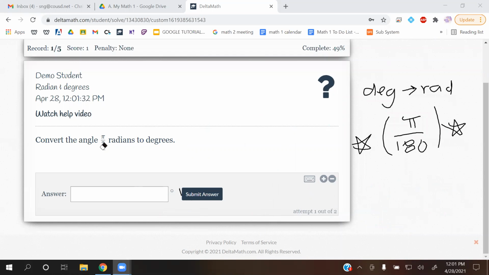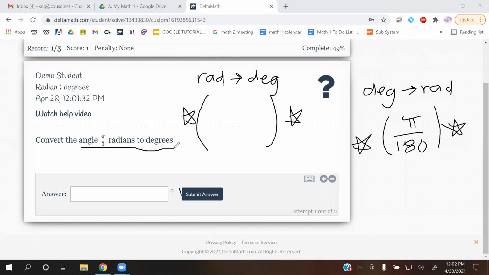Oh, just kidding. Earlier when I was looking at it, it only said degrees to radians. But now, look, we're converting the angle pi over 3 radians to degrees. So we're going the other way. So that's actually wonderful. We're going to write down radians to degrees. This has its own special fraction. Write this one down as well.